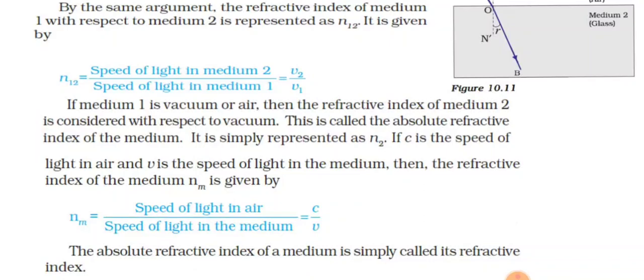If c is the speed of light in air and v is the speed of light in the medium, then the refractive index of the medium nm is given by nm is equal to speed of light in air upon speed of light in the medium, that is c upon v. The absolute refractive index of a medium is simply called its refractive index.